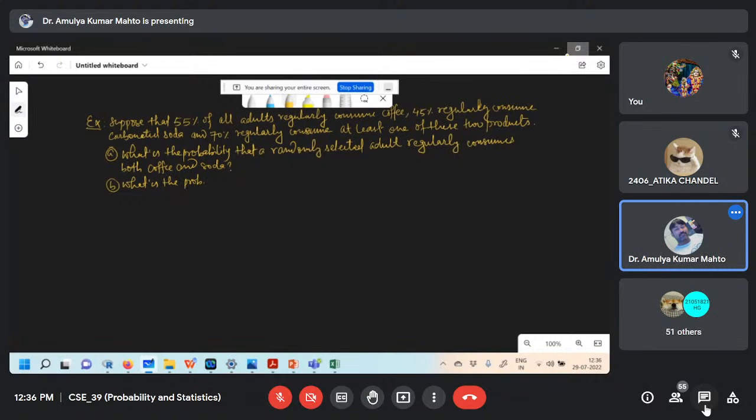And the second question associated with this is, what is the probability that a randomly selected adult doesn't regularly consume at least one of these two products?